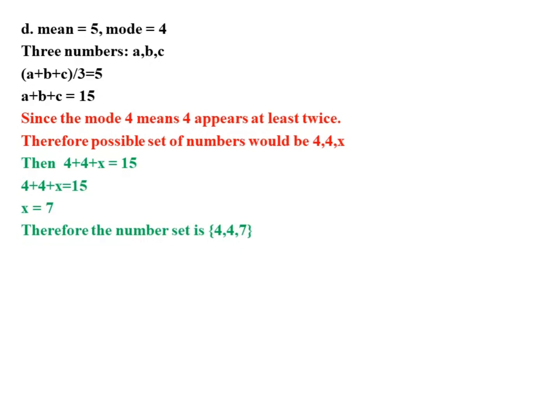Now it's quite easy for us to solve this equation. By solving it, we identify the answer for y as 7. So accordingly, we can write the set of numbers as 4, 4, 7.